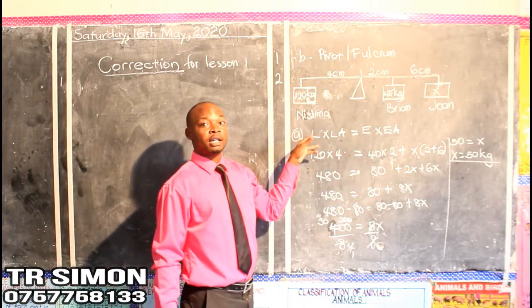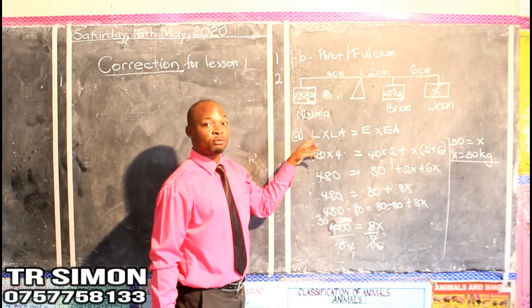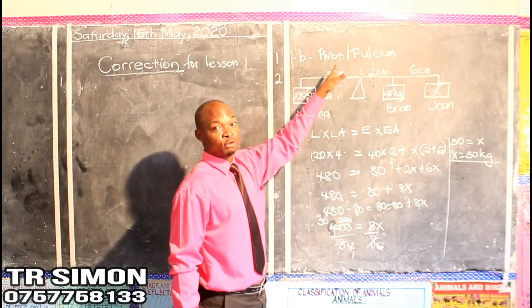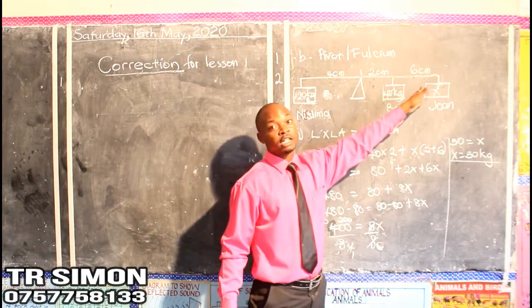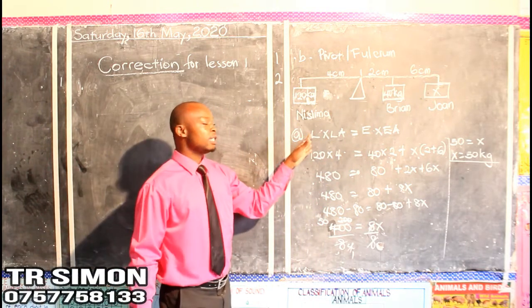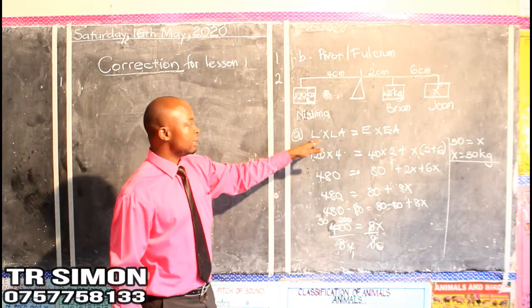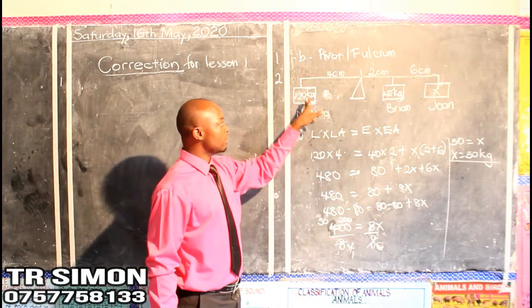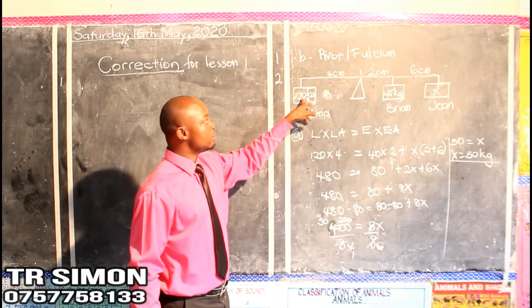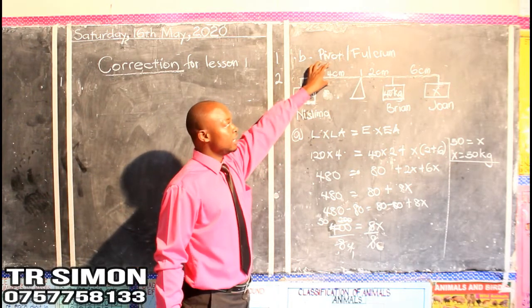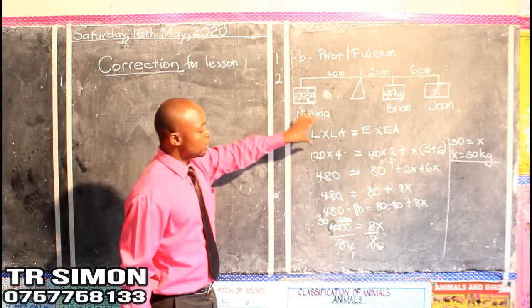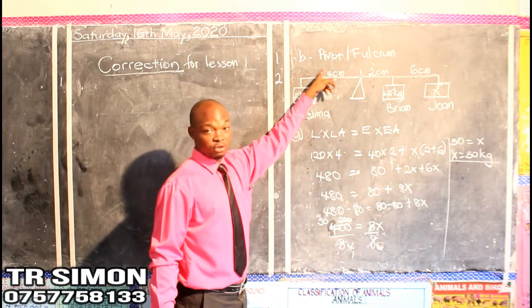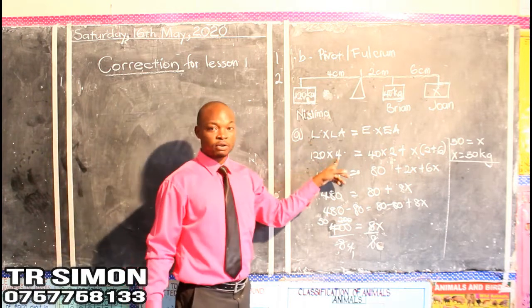Now remember, the principle of moment states the sum of clockwise moment is equal to the sum of anti-clockwise moment. And this is the method we have used, where we have said load force times load arm, the force which is 120 kilograms, and the arm, the distance, which is 4 centimeters. So we shall say 120, the force, times the arm, which is 4 centimeters.